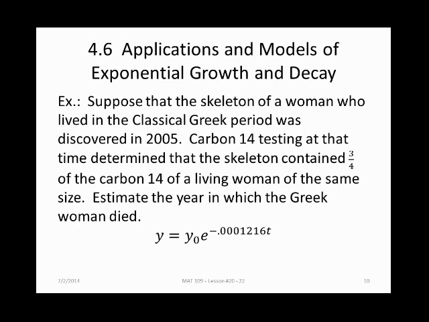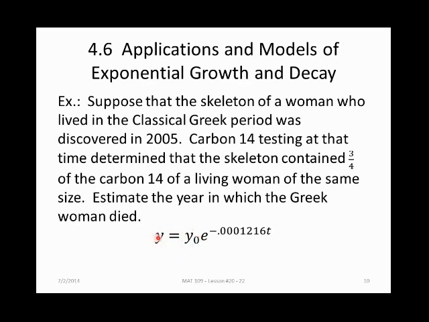And what we know, the item that we know, is this 3/4. We don't have a value for here. We don't have a value for here. But what we have is a ratio between this value and this value. The value currently, that's what this value is, the current value, is 3/4 of what it was at the beginning.